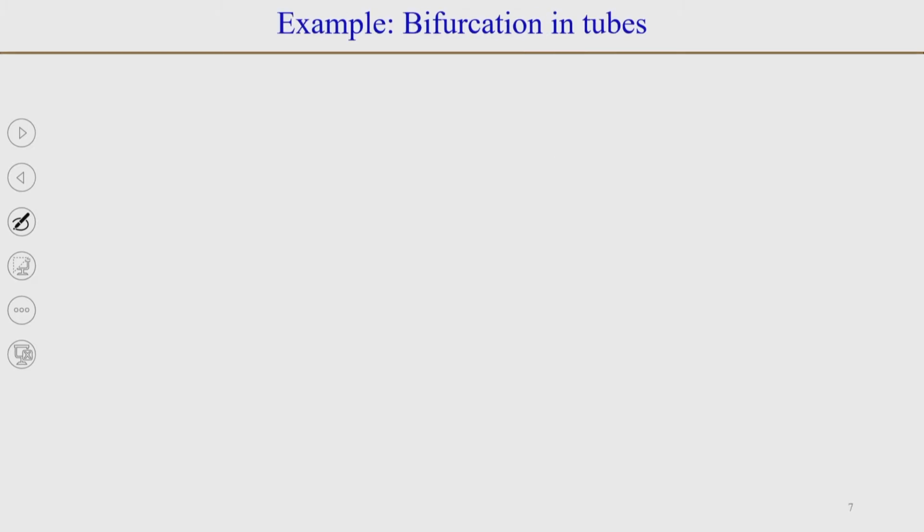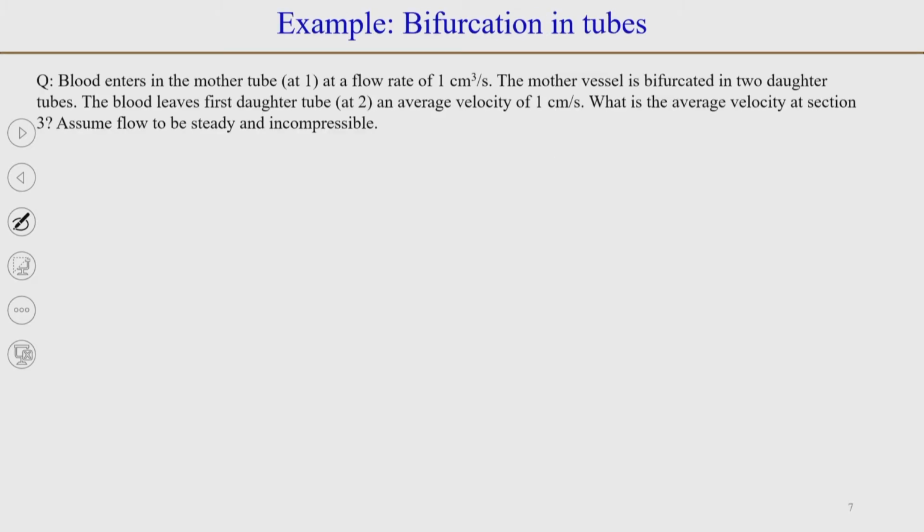Okay, so let us look at an example. This example states that blood enters the mother tube at a given flow rate, and this mother vessel is bifurcated into two daughter tubes. Let us look at the figure. The blood enters at this point, and then this artery, or blood vessel, is bifurcated into two.